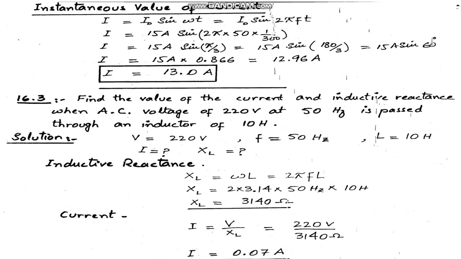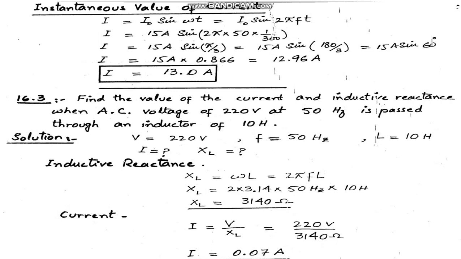Number 3. Find the value of the current and inductive reactance when alternating current voltage of 220 volts at frequency 50 Hz is passed through an inductor of 10 Henry. We want to find the current and inductive reactance.